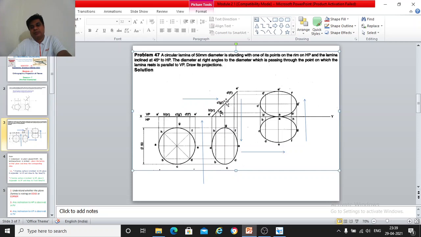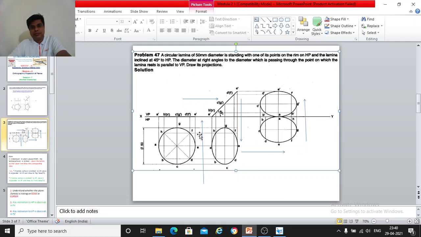And once we get the top view in the second stage, from that we will get the front view. Then again follow this: from this top view you will get the third stage top view, and once you get the top view here you can get the front view. So these arrow marks you can see here, bottom to top, right, bottom, right, top. This cycle, this sequence, you just remember in all the problems.